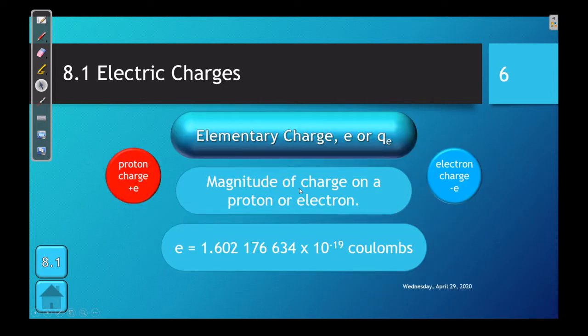The elementary charge, often indicated by the lowercase letter e or q sub e, is the amount of charge carried by a proton or an electron. A proton and an electron both carry the same magnitude of charge, but with opposite signs, a proton being positive and an electron being negative.